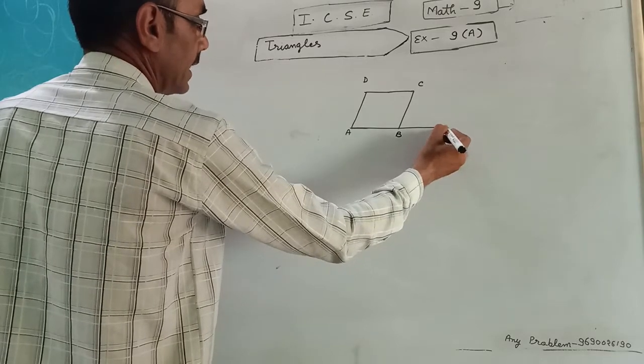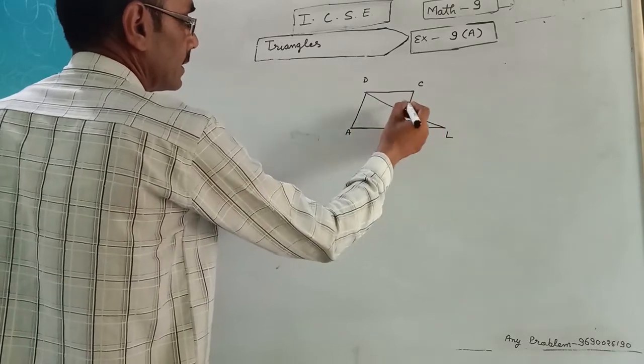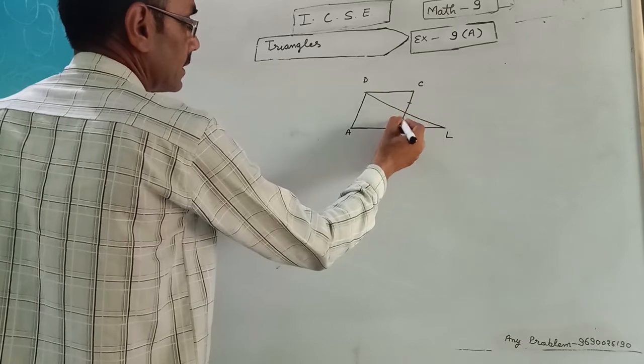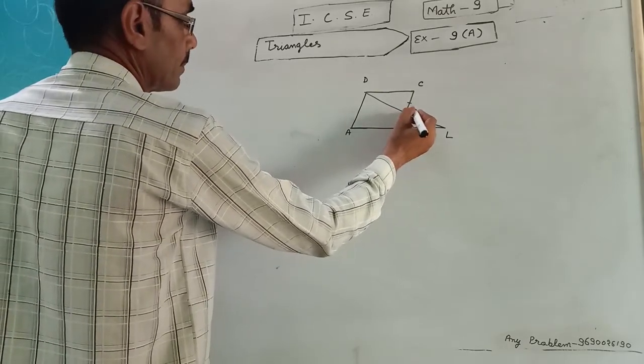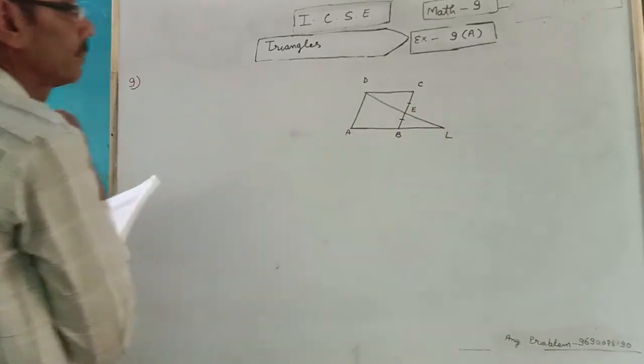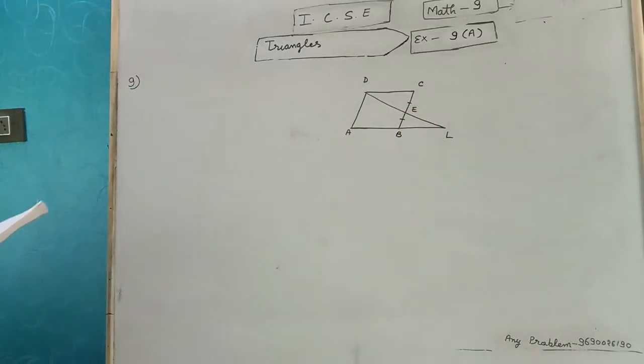Here the point is L. E is the crossing point of DL and BC.